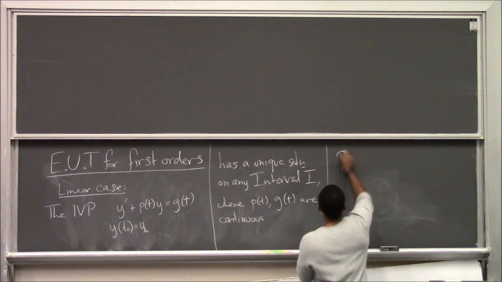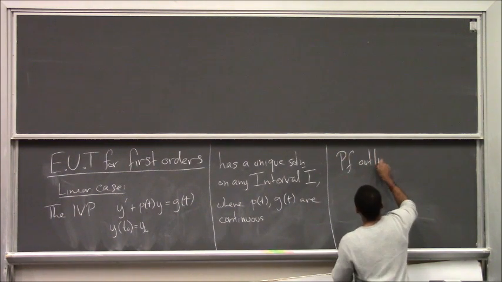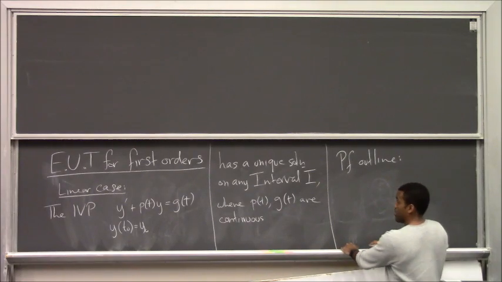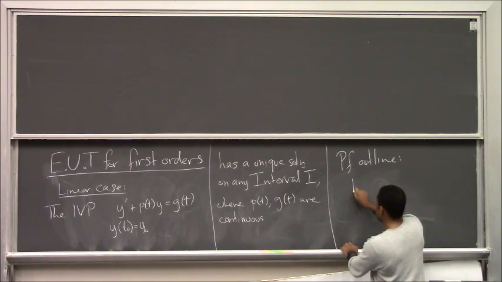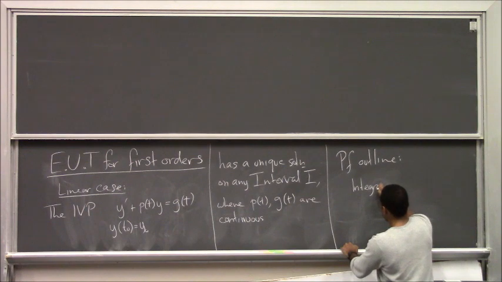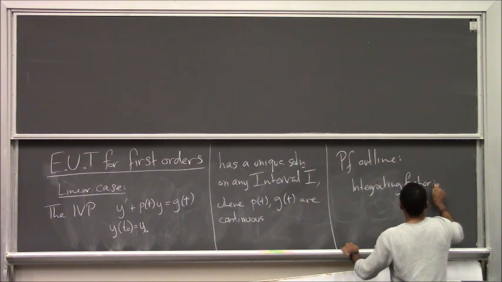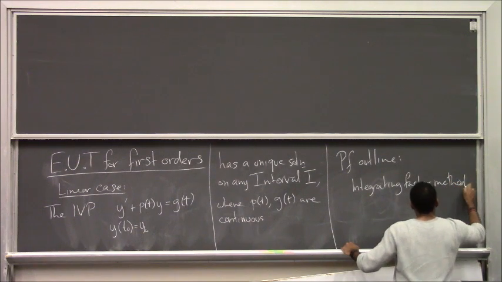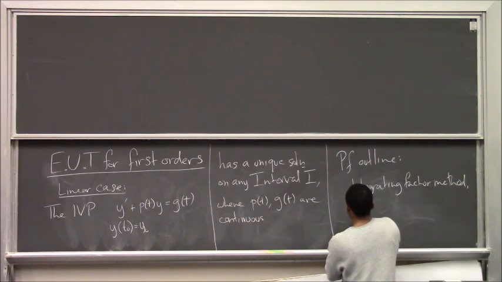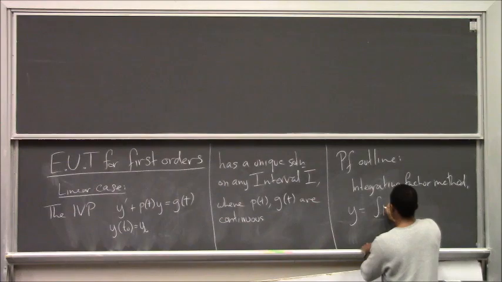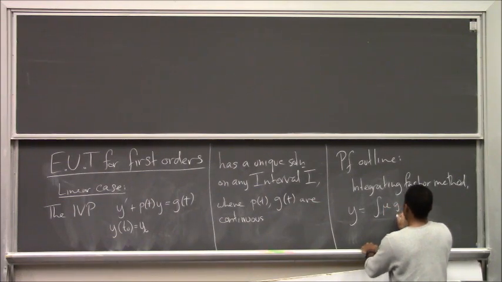The proof here is actually not that bad. It's actually very computational. The proof is actually the integrating factor method. So we know that y equals the integral of mu times g plus a constant, all over mu.